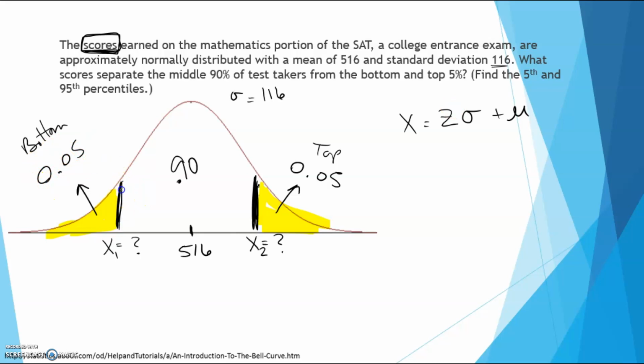To the left of this, we're going to find the z-score for this one, z sub 1, and this will be z sub 2. If we're going to find z sub 1, then the area to the left is right there, 0.05. So I need to go back to my z-score table and find that number, or something really close to that number.